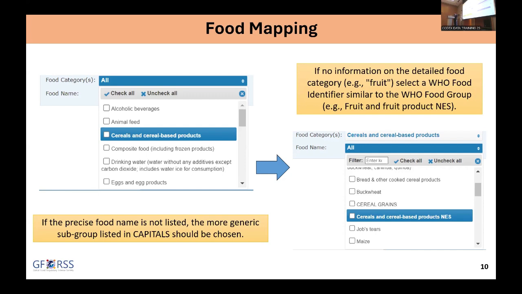You remember what we said? We can use any data that we have. We will not throw any data, but we will have to understand the limitations and the uncertainties coming with the data. Let's say I have a certain data stating that it's cereal and cereal-based product. I will not throw it away. The second level of indication, because I don't have any more information about it, I will select cereals and cereal-based products, NES, not elsewhere specified.